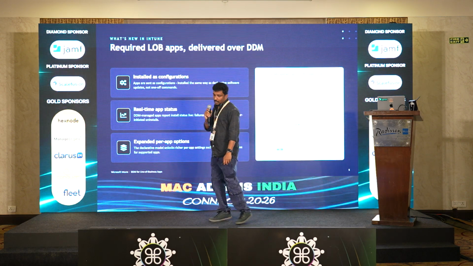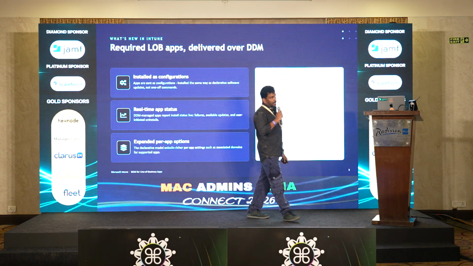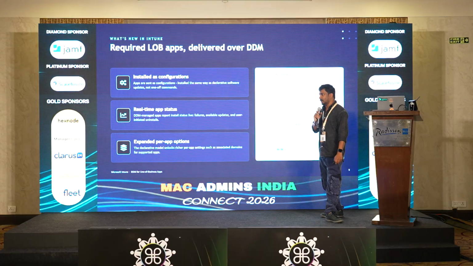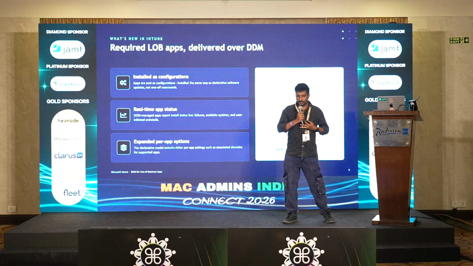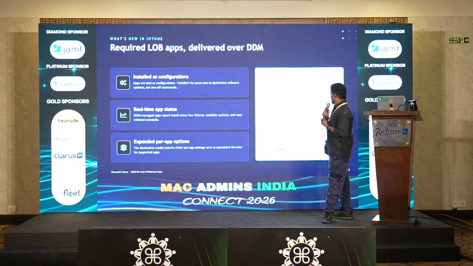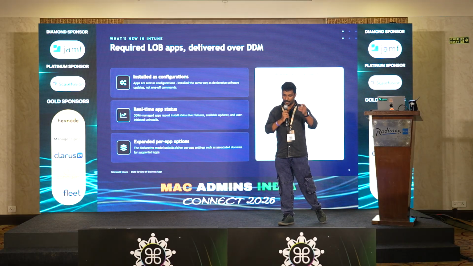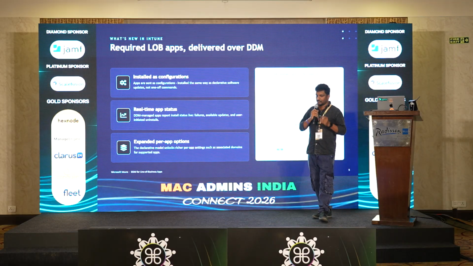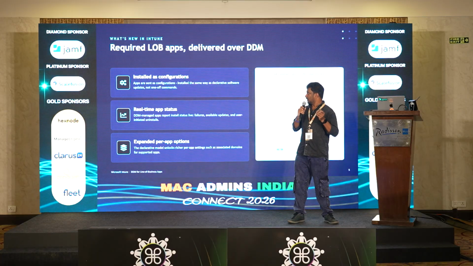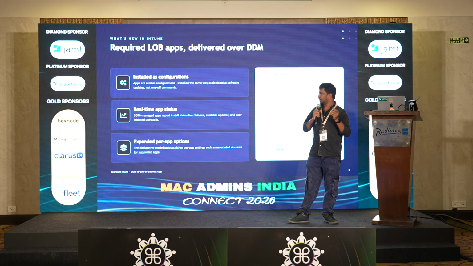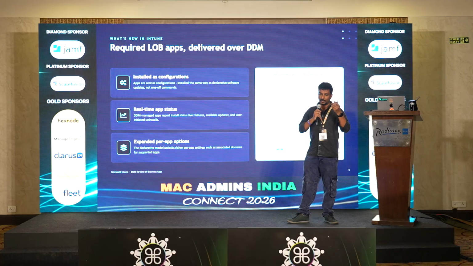Now we'll talk about our main point today, required line of business app delivered over DDM. If you check this screenshot, don't worry about it, I already have a video about this. The first thing you need to keep in mind is that the app is a configuration. So we are treating the app as a configuration here.